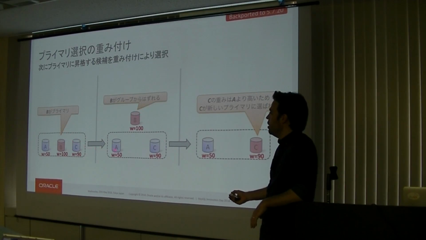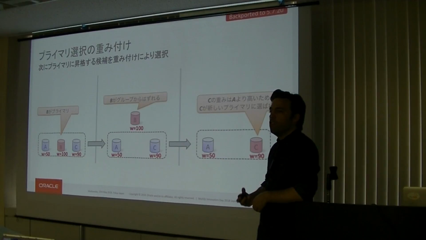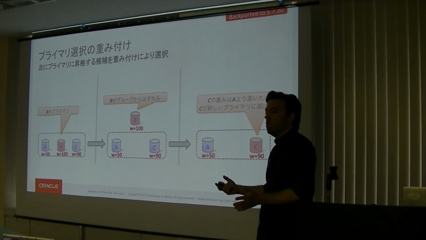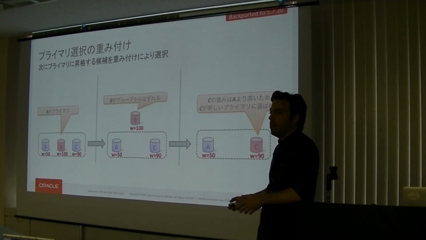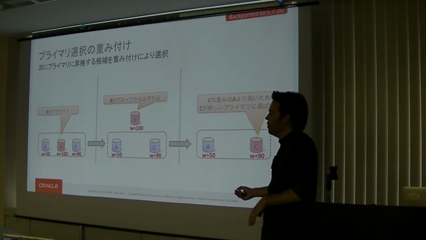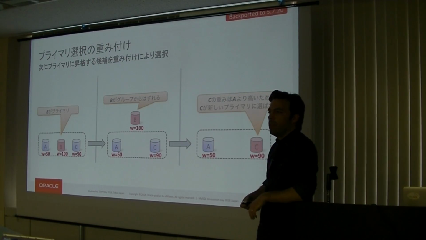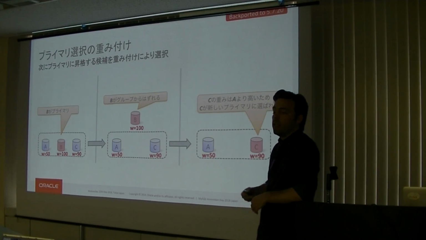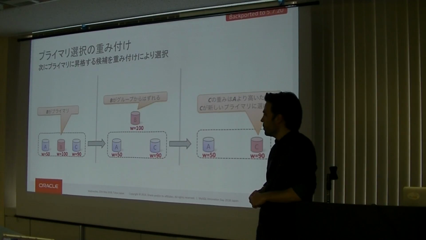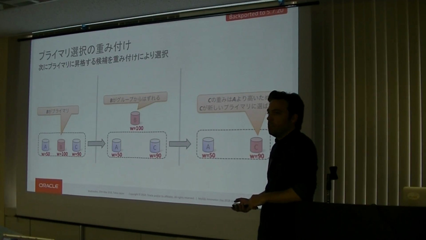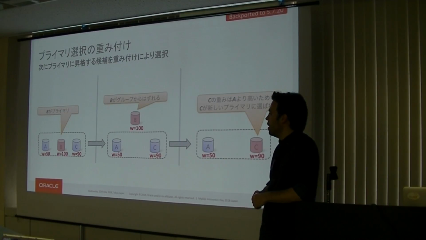Before this feature, choosing the next primary was kind of random. It was actually based on their UUIDs, but with this feature it is much more clear how to influence which will be the next primary in case the current primary goes away. This makes it much easier to operate a group.